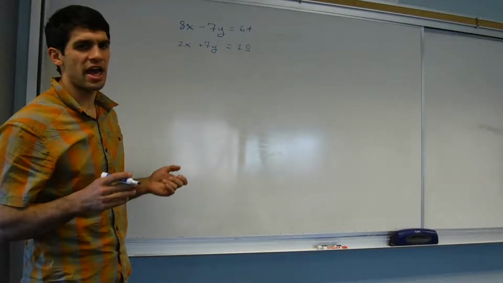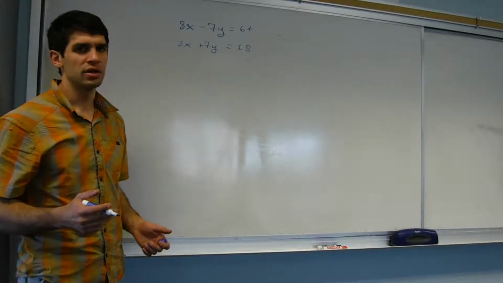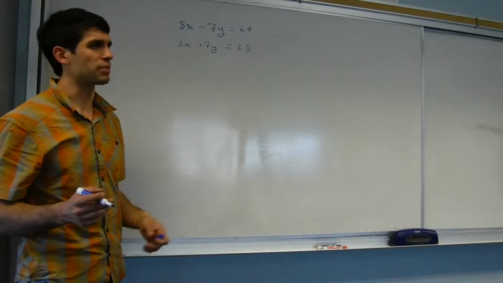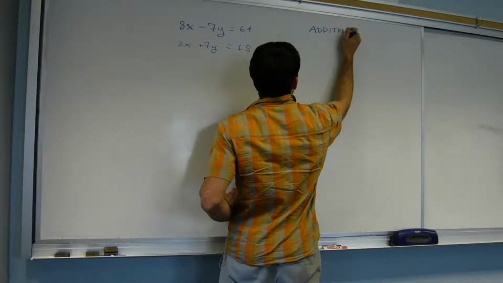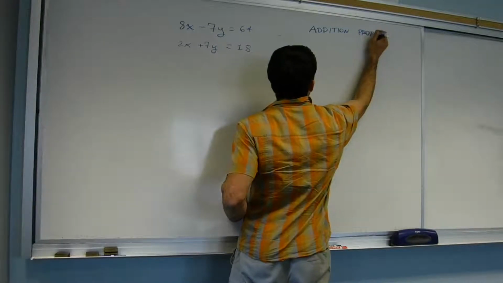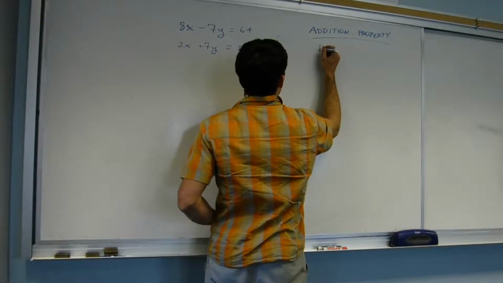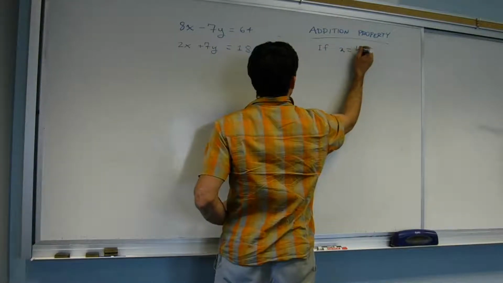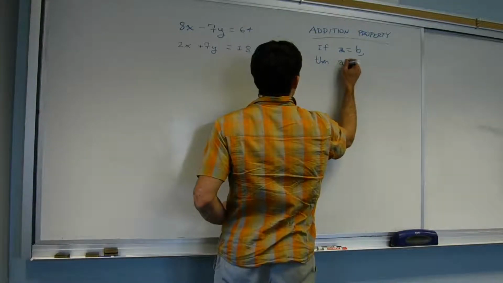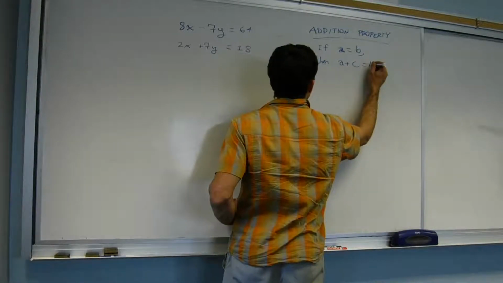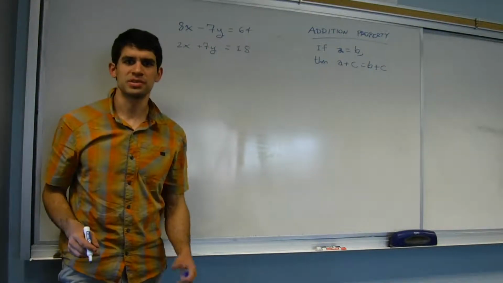And how we would do that is we'd actually apply our old friend from Unit 1, the addition and subtraction properties. So the addition property, if we can recall, tells us that if A is equal to B, then A plus C is equal to B plus C, where A, B, and C are real numbers.